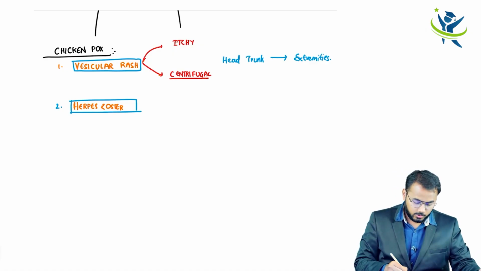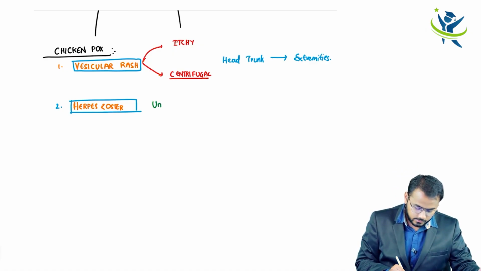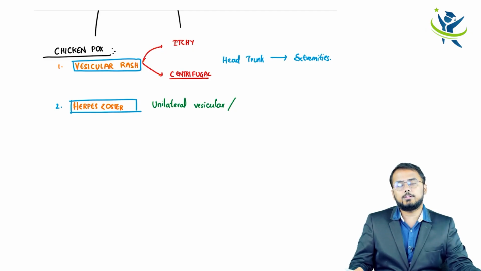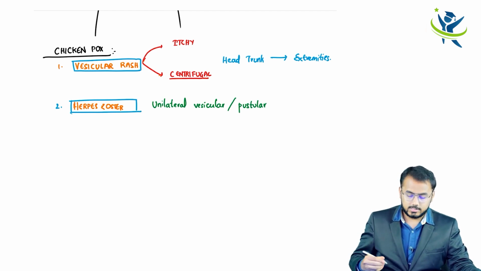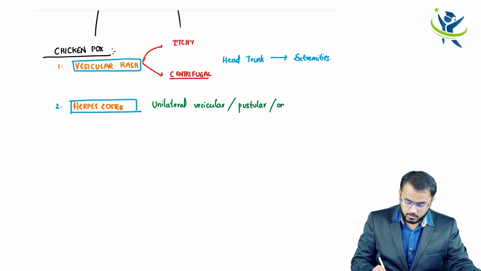So, you call it a unilateral vesicular rash, not only vesicular, it is also pustular, and only along the single dermatome.